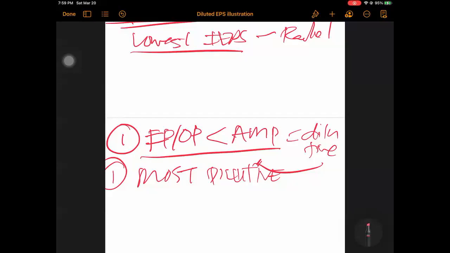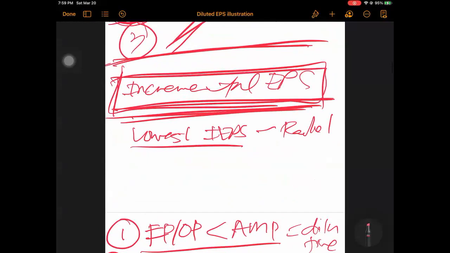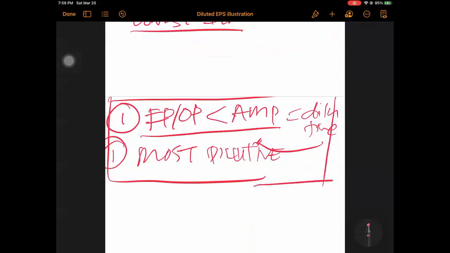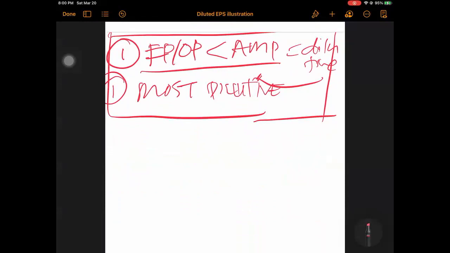So how do we compute this incremental earnings per share? Okay, so your incremental earnings per share, kani mo ni ang computation for option and warrants. How about convertible preference shares? How do we compute for the incremental earnings per share?